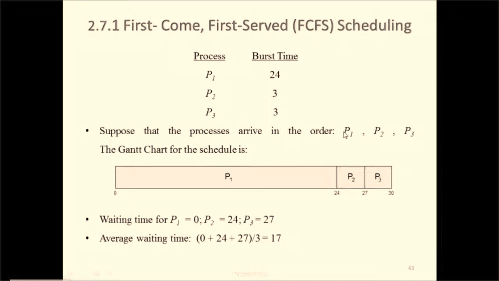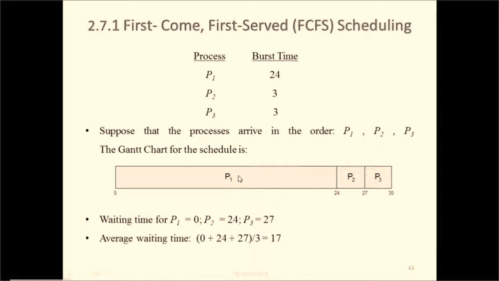So what will happen actually is, since P1 has come first and the CPU is available, P1 will get control of the CPU immediately. Once it gets the CPU control, it will continue for the required burst time, which is 24. So from 0 to 24, P1 will have control over the CPU.